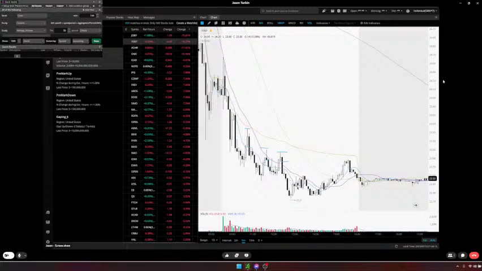This would have probably given me a failed move down. But there's another entry right there. And then here's the transition. There's an entry long when it got over the 20. So yeah, it's definitely a test for sure today of our patience.